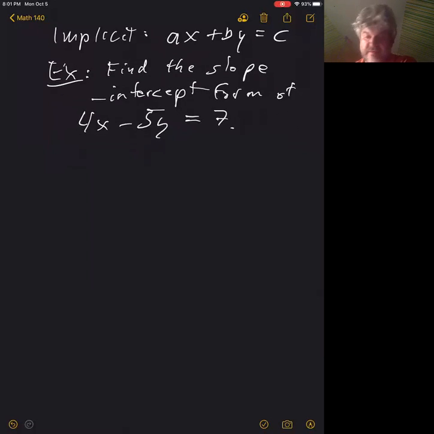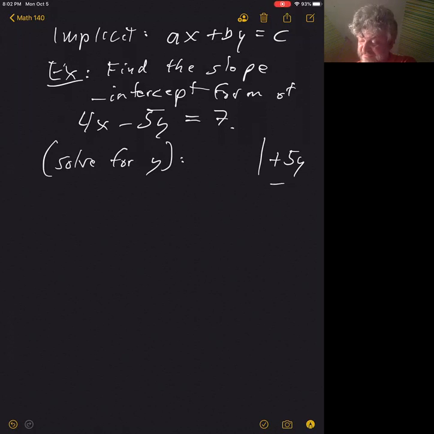So basically it means solve it for y. So we add 5y to both sides. And then we subtract 7 from both sides, which gets me to 4x minus 7 is 5y, and then divide by 5.